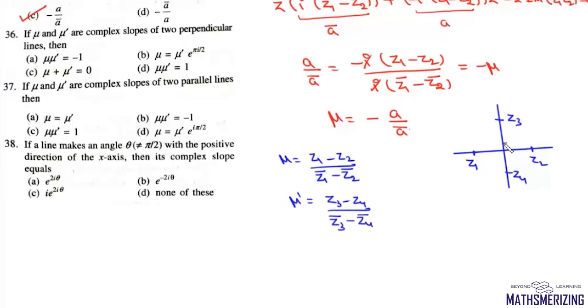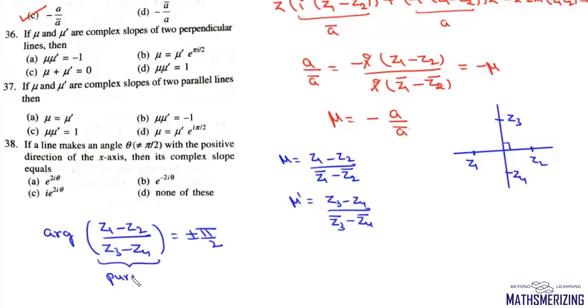Now since these two lines are perpendicular, we can write argument of Z1 minus Z2 upon Z3 minus Z4 is plus or minus pi by 2. And if argument is plus minus pi by 2, it means this complex number is purely imaginary.